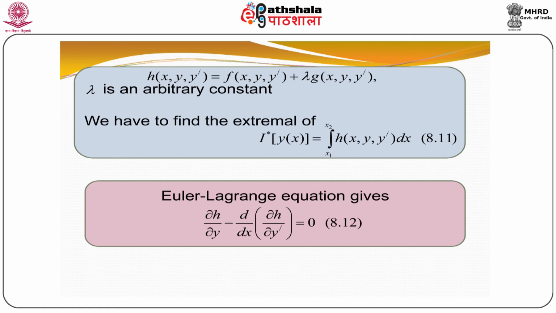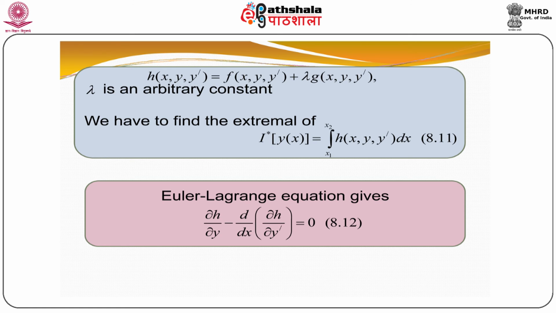This is known as the Lagrange multiplier. Now, the problem is to find the extremal of the functional I*[y(x)] equal to the integral from x1 to x2 of h(x, y, y') dx, subject to the end conditions.